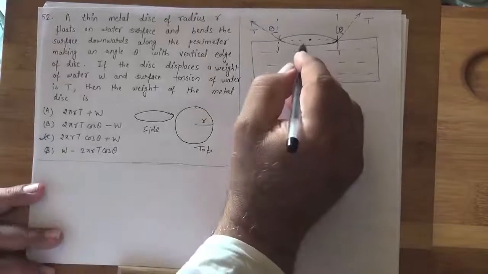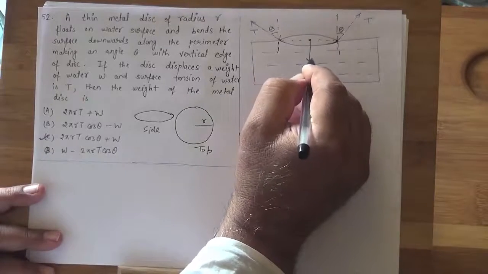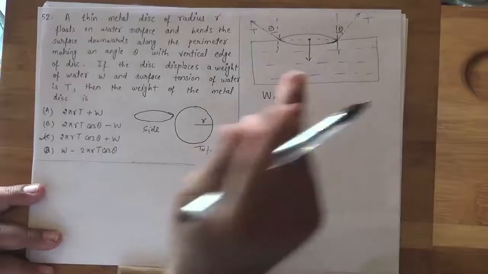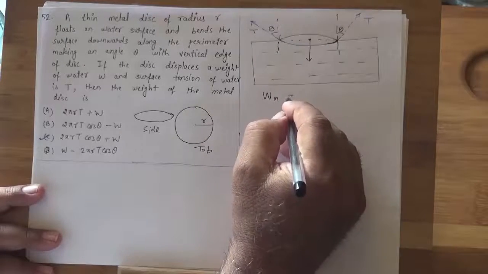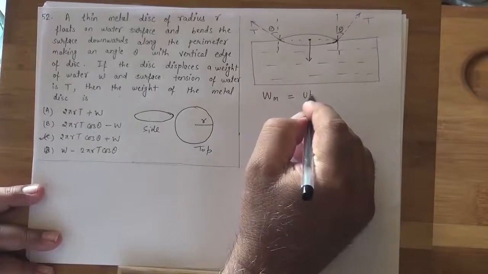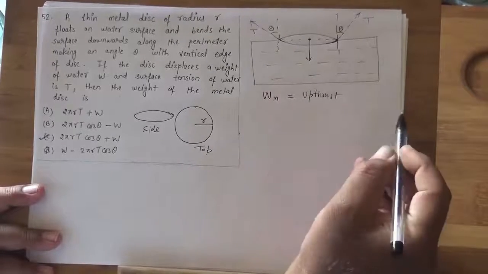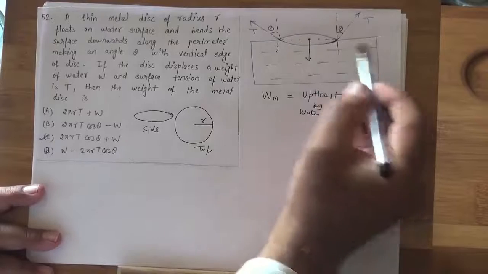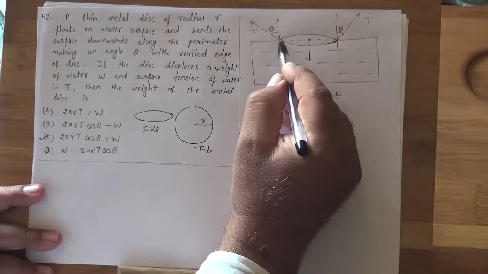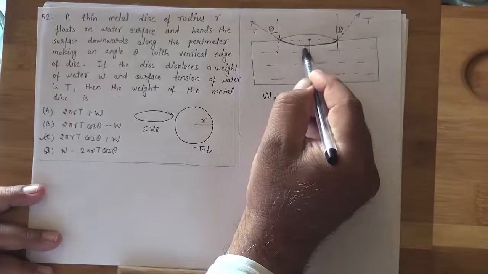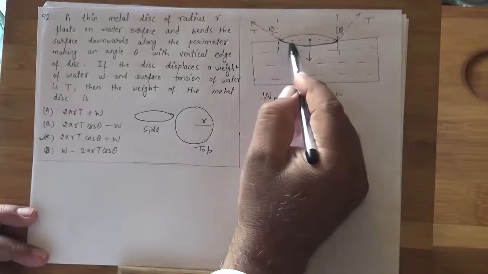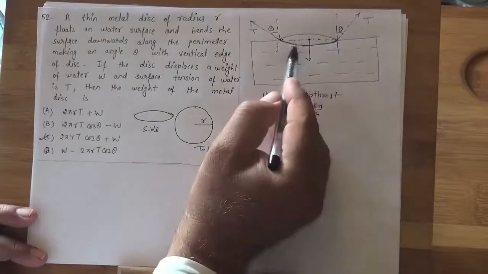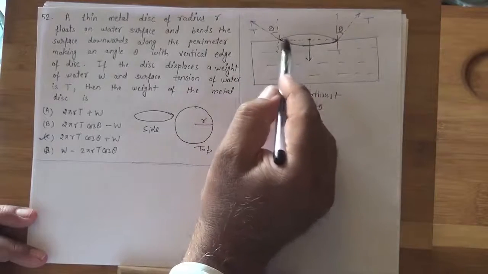Now, this weight of the metal disk is acting downward. Then why is it floating? Because there are certain forces acting on it, and there are two forces. One is upthrust by the water, and the other is, see here, this water surface tries to become straight, to have the minimum surface area, and for that it is applying a force in this direction.